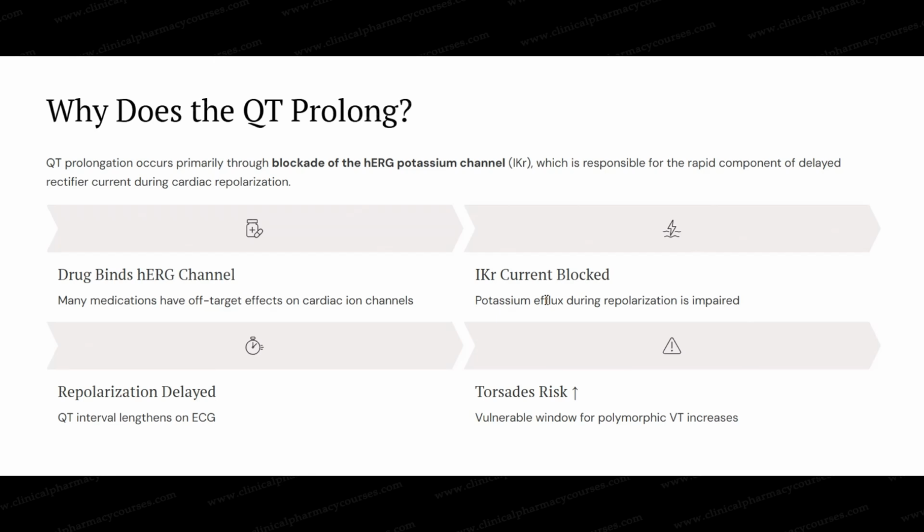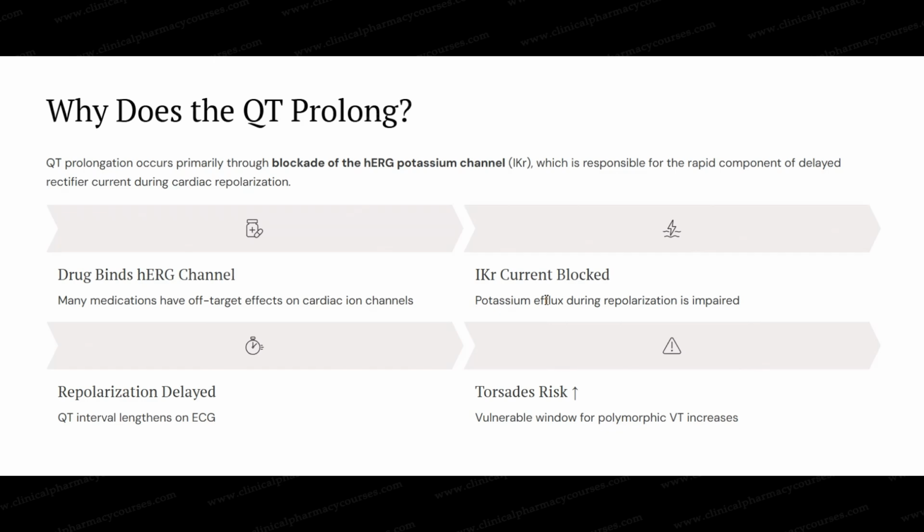QT prolongation is primarily caused by medications that block something called the hERG potassium channel, which is responsible for cardiac repolarization. When the hERG channel is blocked, the potassium efflux during repolarization is impaired, delaying the overall repolarization process. So this delay in repolarization is seen as the prolonged QT interval on the ECG.